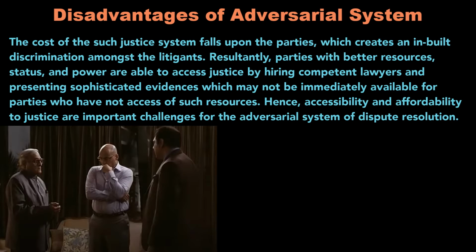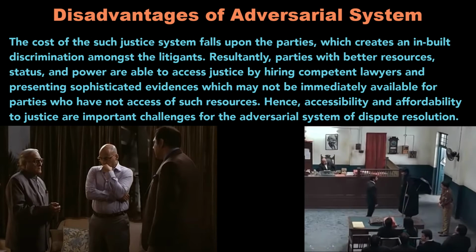Resultantly, parties with better resources, status, and power are able to access justice by hiring competent lawyers and presenting sophisticated evidence, which may not be immediately available for parties who have not accessed such resources. Hence, accessibility and affordability of justice are important challenges for the adversarial system of dispute resolution.